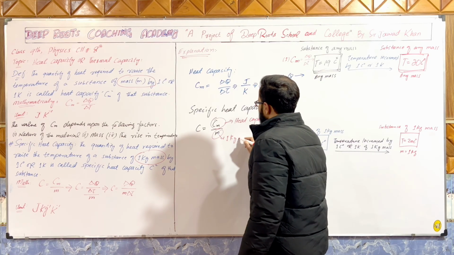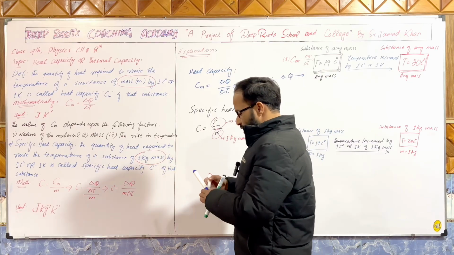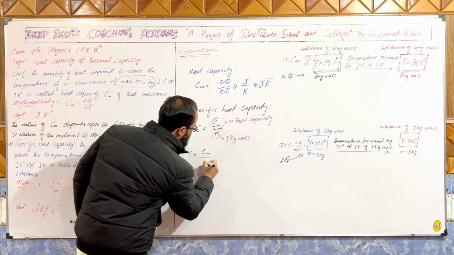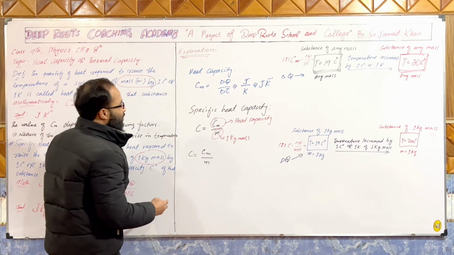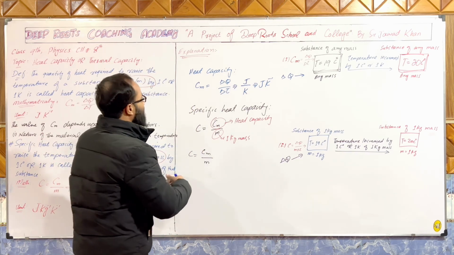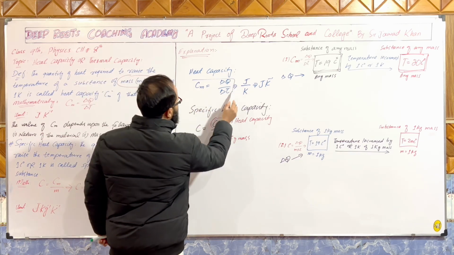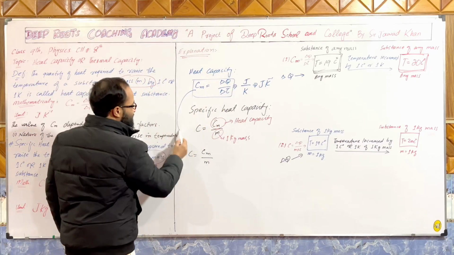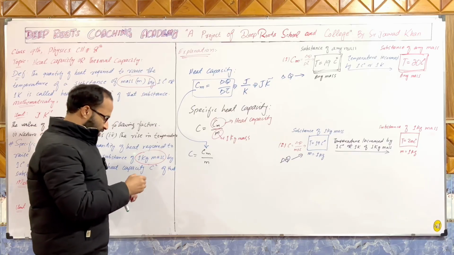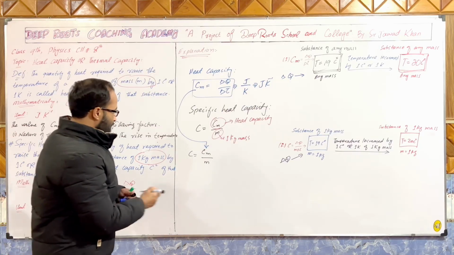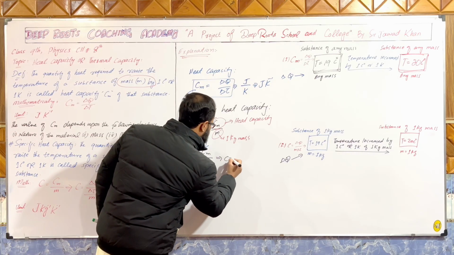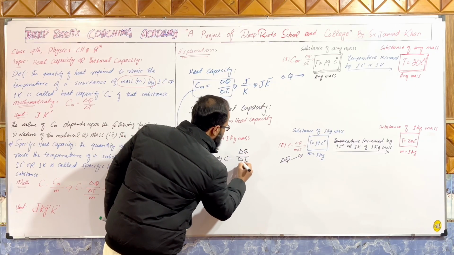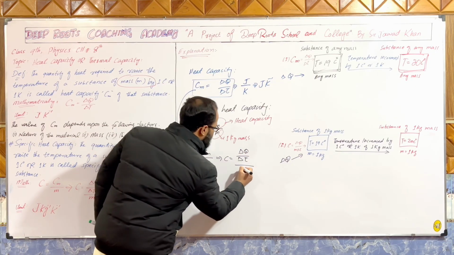As C is equal to Cm divided by M, and we know that the Cm value is del Q divided by del T, if I put this value instead of Cm, I will have C is equal to del Q divided by del T, whole divided by M.